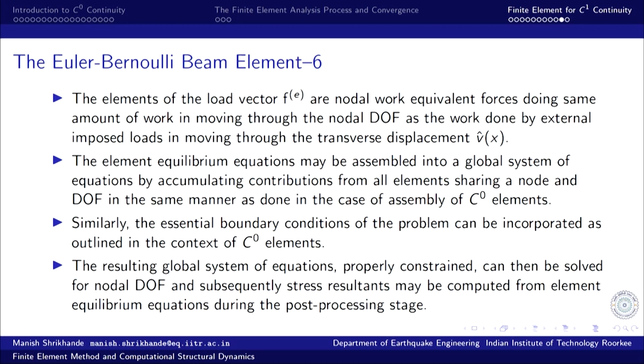The finite element solution, the main processing, stops with the computation of primary variables, solving for primary variables of the constrained global system of equations. After that, whatever secondary results are required, more finer results, those are referred to as the post processing of finite element analysis.